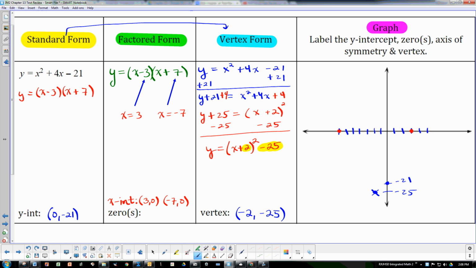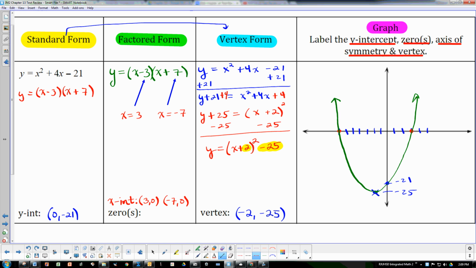And all you have to do now is kind of draw through and sketch through your given information. There's the graph. Now, just be careful here. They're asking you to label the y-intercept, the zeros, the axis of symmetry, and the vertex. So let's label this axis of symmetry.